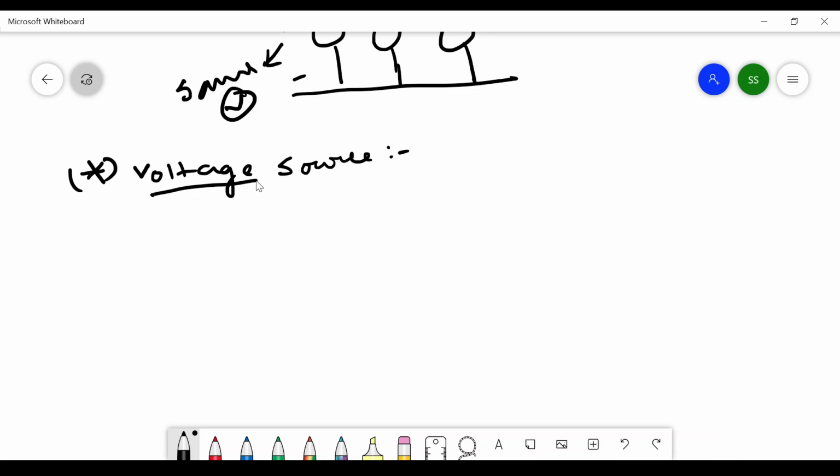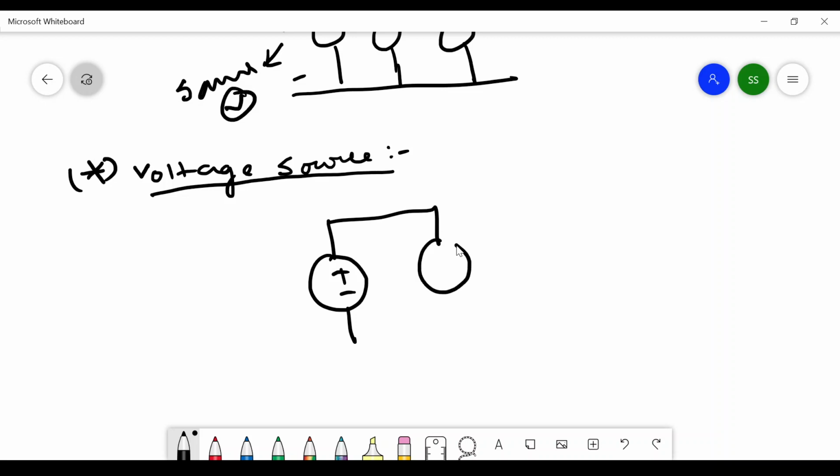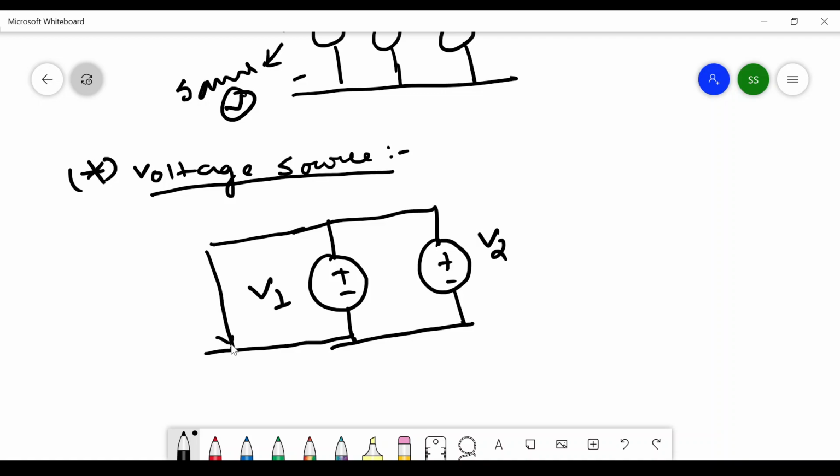If I am going with voltage source first, then let's say two voltage sources are connected in parallel, like this way, this is V1 and this is V2. But the basic condition to fulfill the parallel condition is that the voltage across the terminal needs to be constant.